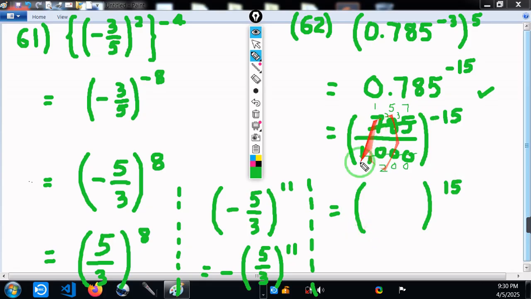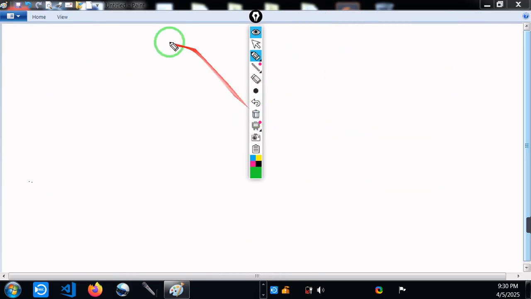You just invert that one as what? 200 over 157. The proper fraction now has become an improper fraction. Can be accepted. We are taking 2 steps extra. Alright, remember the number 62. We are going to go on. 63.